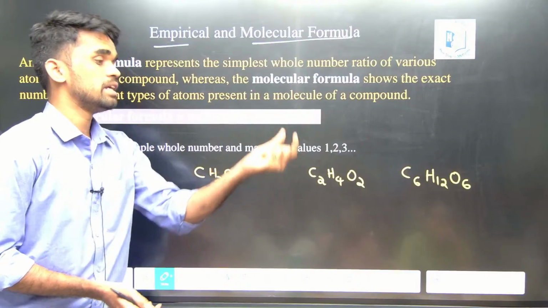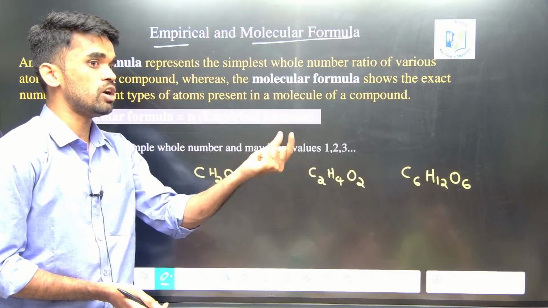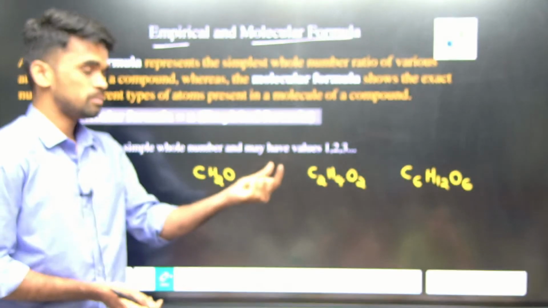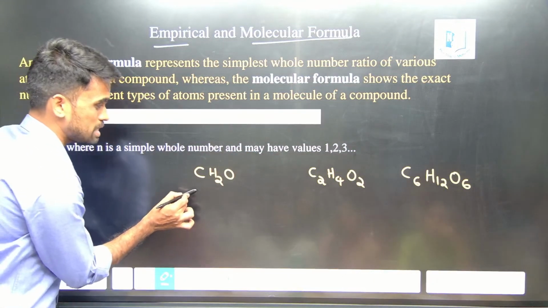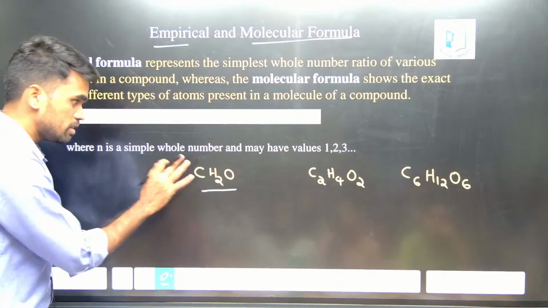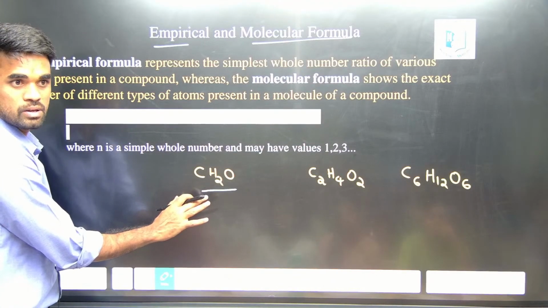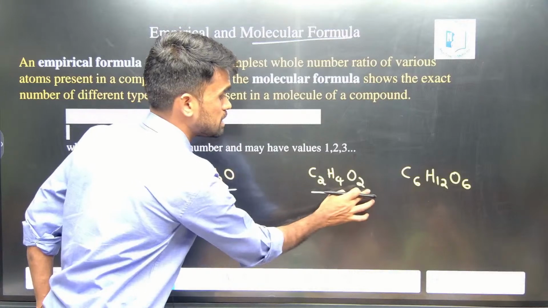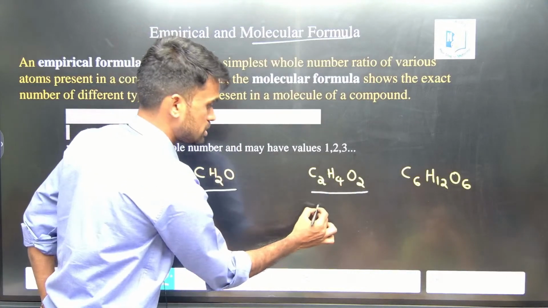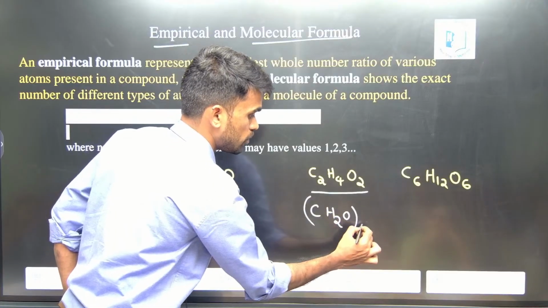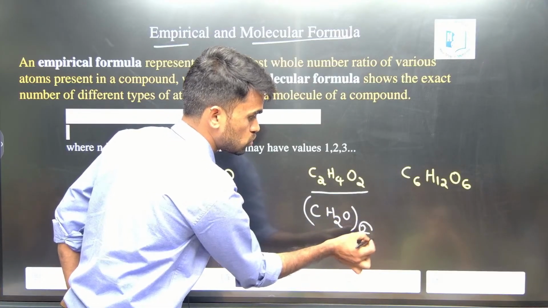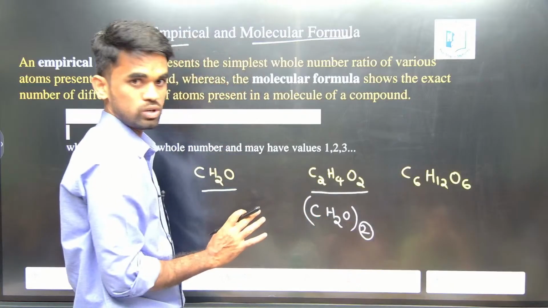Empirical formula means the simplest whole number ratio of all the atoms present in the molecule. So here, what is the simplest way I can write this molecule? This is the only simplest way I can make. But here, what is the simplest way I can write? CH2O taken twice. So I can remove this 2 from here, that means it is the simplest whole number ratio.